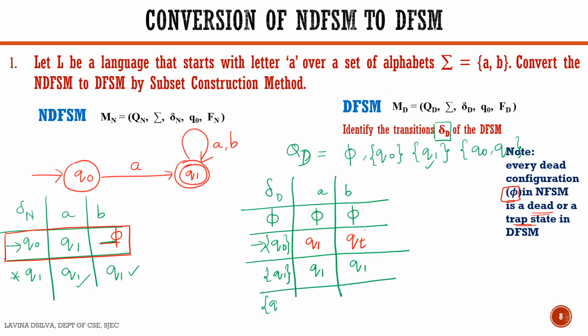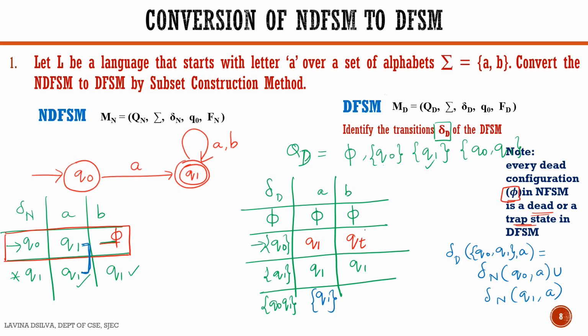Next is state Q0, Q1. Since we have a combination of two states, delta D transition of Q0, Q1 on input symbol A is equal to delta N transition of Q0 on A union delta N transition of Q1 on A. So we have the union of these two transitions, that is Q1 itself.